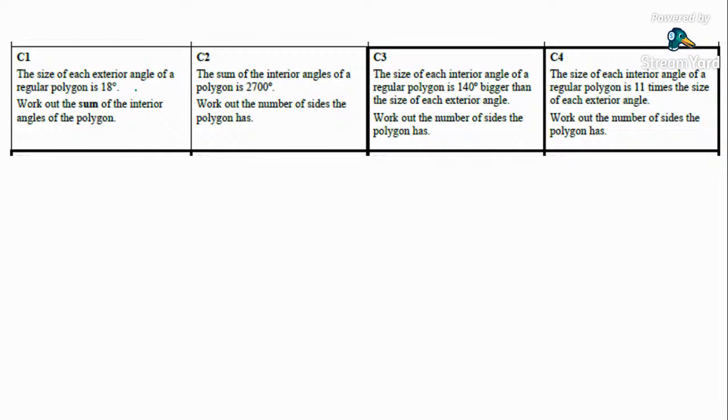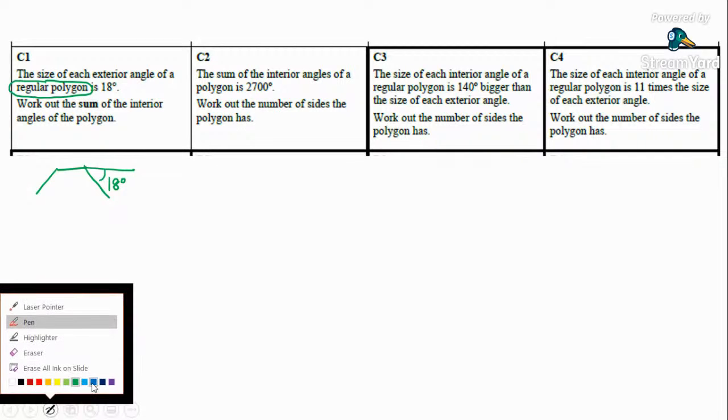The size of each exterior angle of a regular polygon is 18 degree. Work out the sum of the interior angles of the polygon. The keyword here is regular polygon. Again, I just use a dummy polygon here. I know that the exterior angle is 18 degree. There are two approaches to do this.